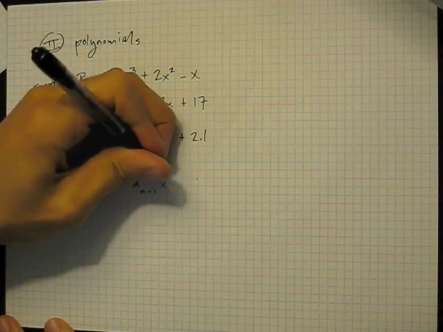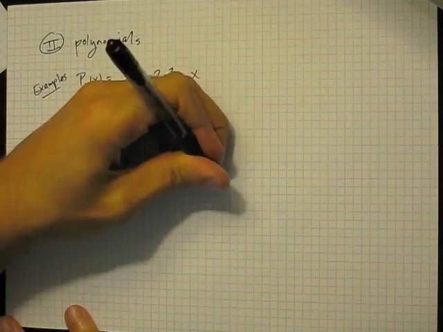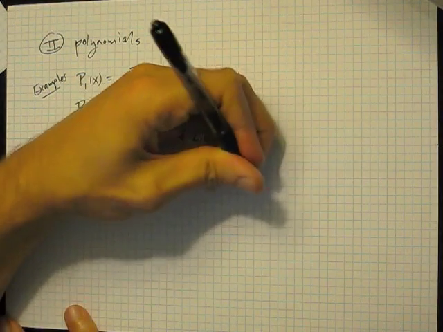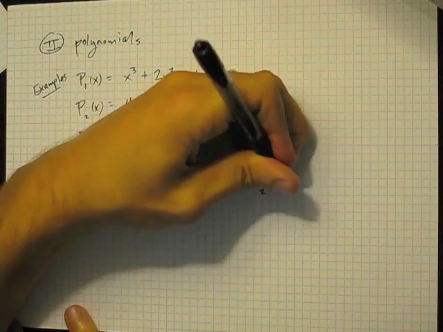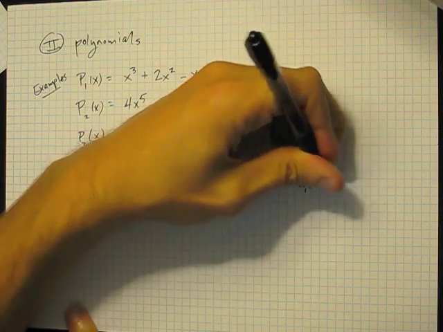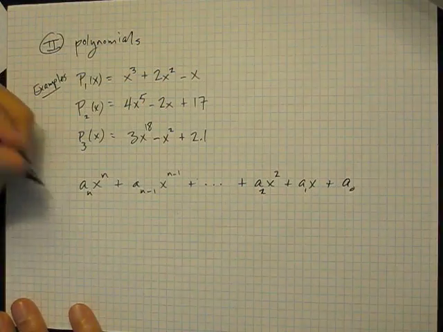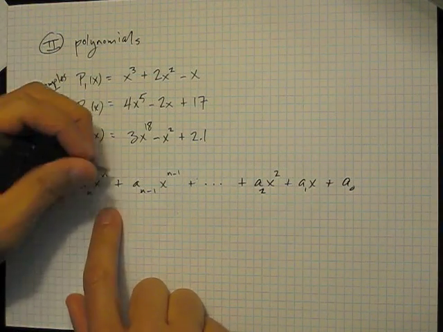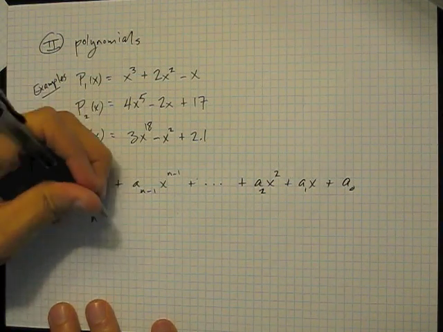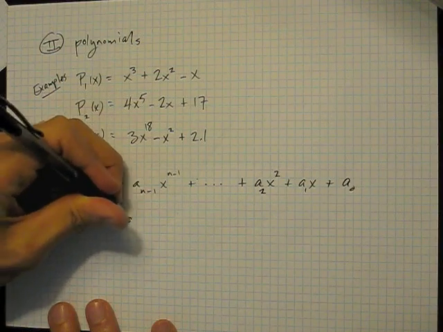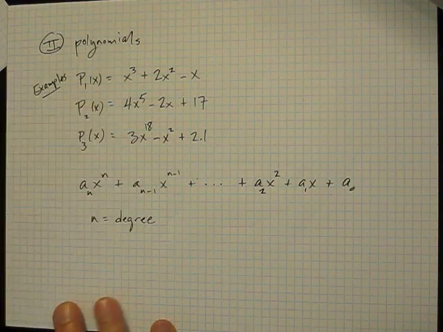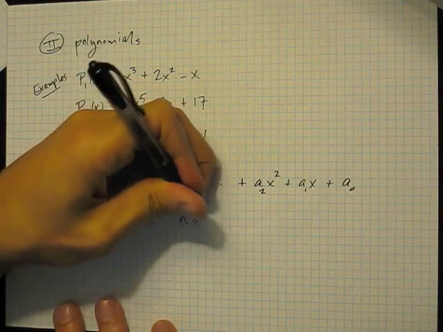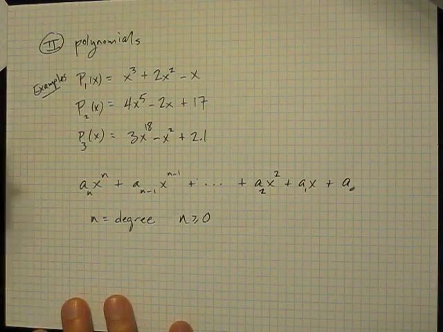I'm going to throw some notation at you here. Okay, so this is a general polynomial function. It has a highest power of x that occurs, n. This is called the degree. N is always greater than or equal to 0. It's some number that's greater than or equal to 0.